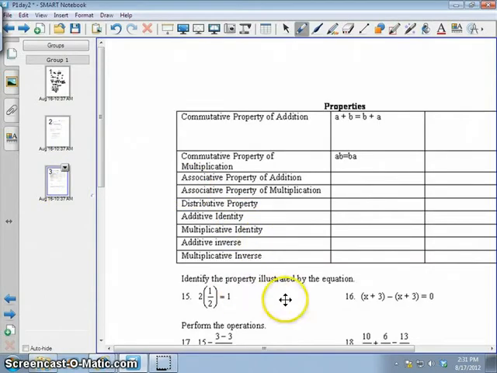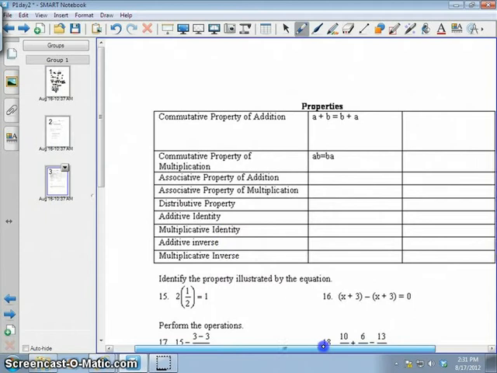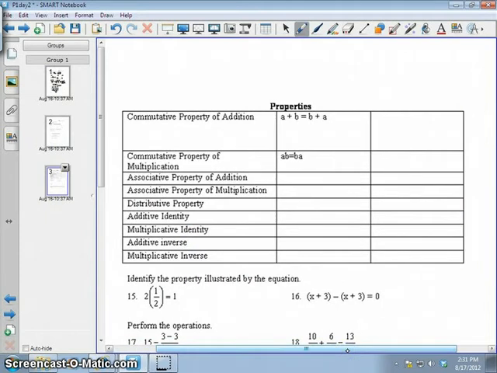On the back page, you have properties. The commutative property of addition is a plus b equals b plus a. The commutative property of multiplication is a times b equals b times a.